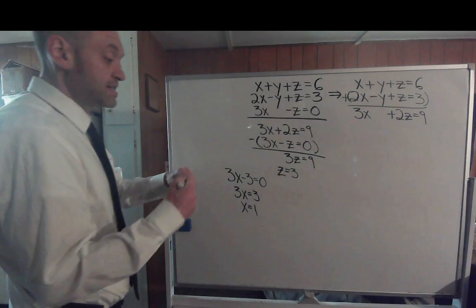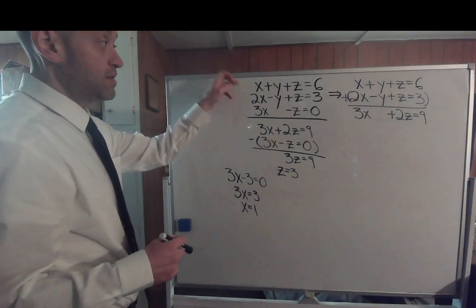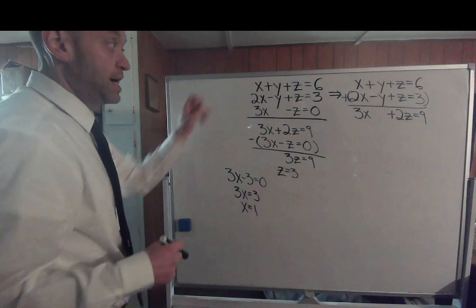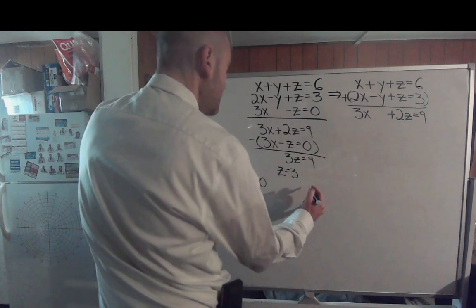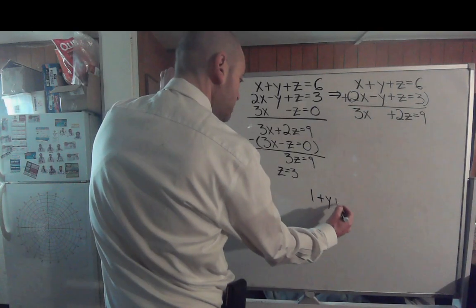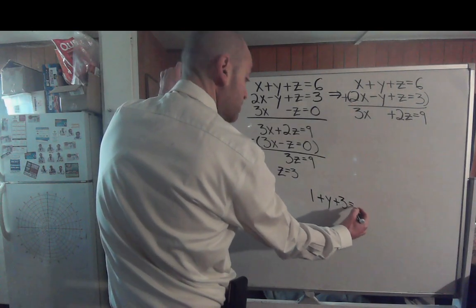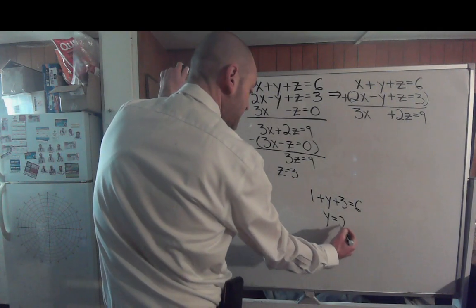So I found x and z. Now I just got to take these values, plug them into one of these equations, and solve for y. I think we'll definitely go with the top one. So I could put in my 1 for x plus y plus that 3 for z, which would equal 6. That's just going to give me y equals 2.